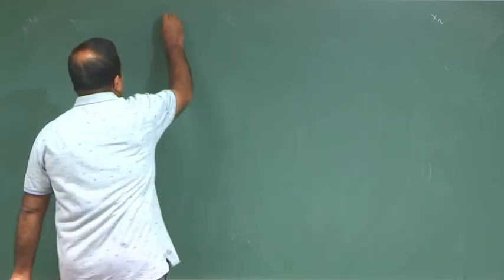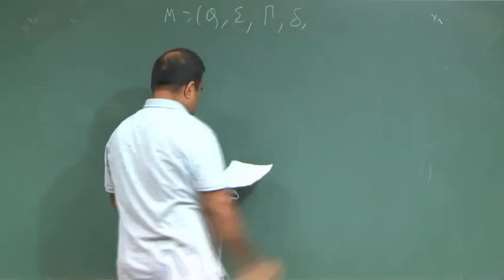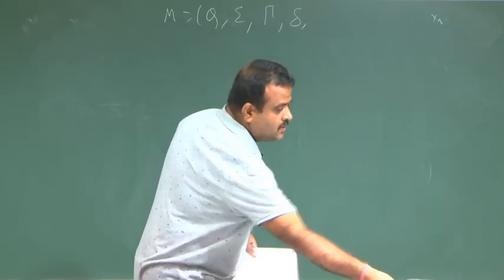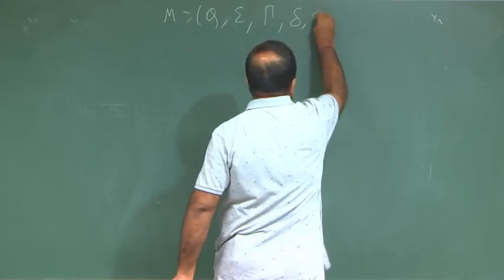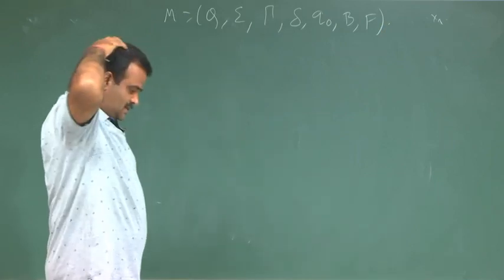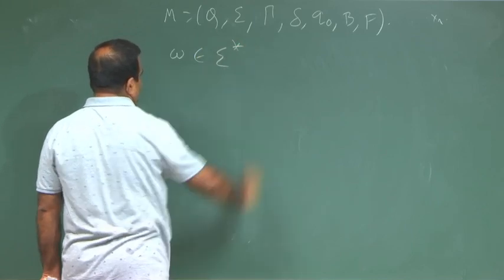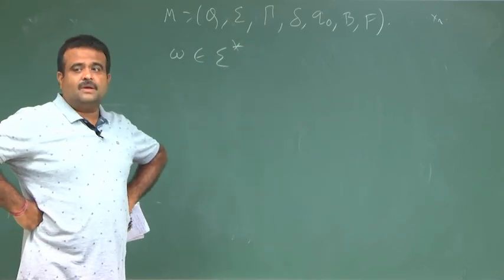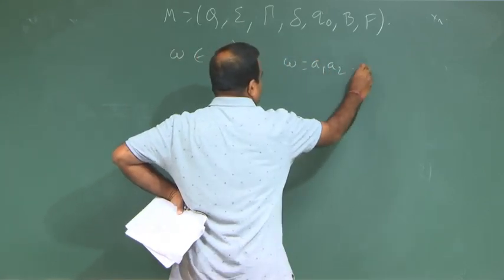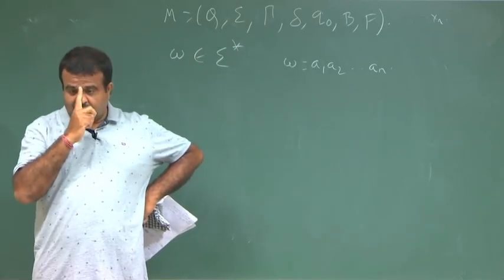So, given a Turing machine with Q0 as the starting state, B the blank, and F the set of all final states, we say W is a string of input alphabets only. So, W is A1, A2, up to AN.